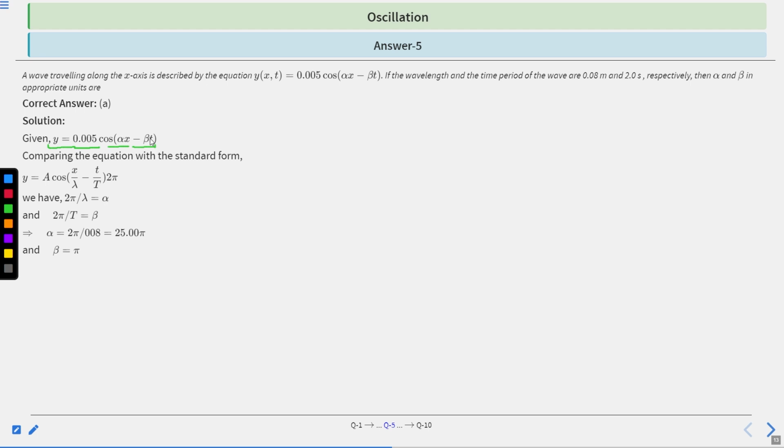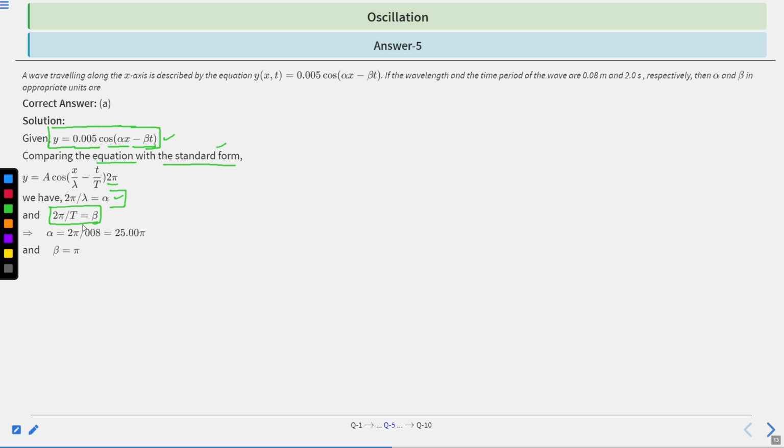Comparing this equation with the standard form, y equal to a cos 2 pi times x divided by lambda minus t divided by T, you will get alpha equal to 2 pi divided by lambda and beta equal to 2 pi divided by T. So this is the beta and this is the alpha.